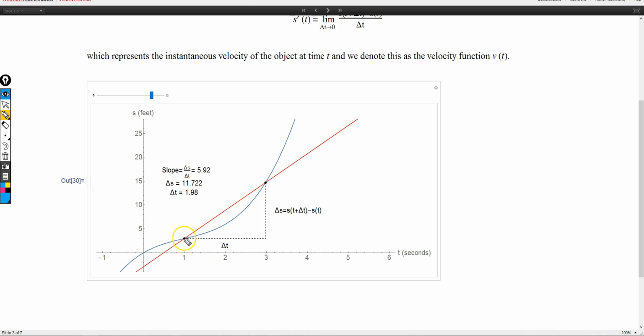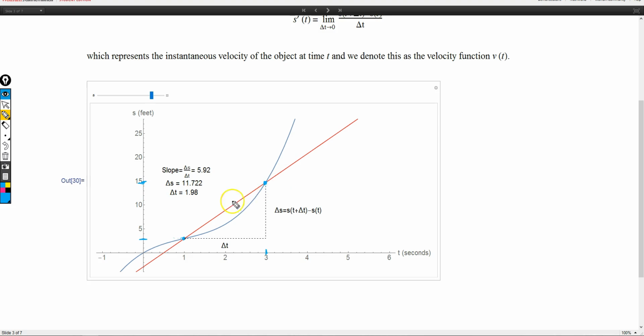Suppose we have a point right here on the curve at time 1, and then we move to the right delta t units, and after a time change of delta t, the object would be located right here. So in other words, at time 1, the object would be this far from its starting point, and at time 3 the object would be this far.